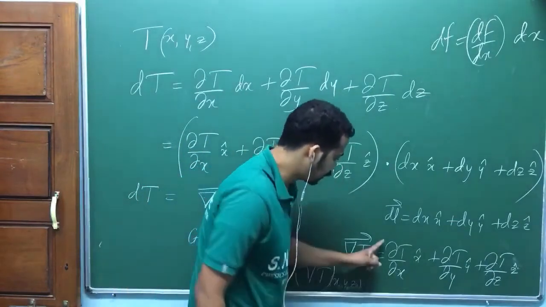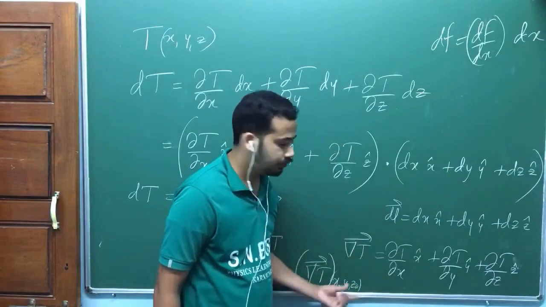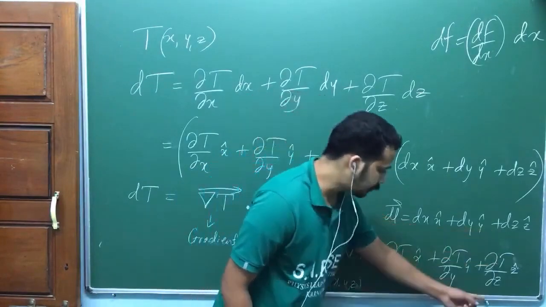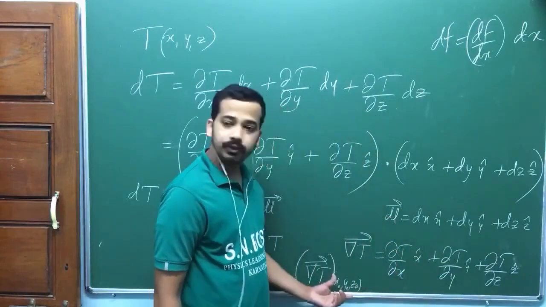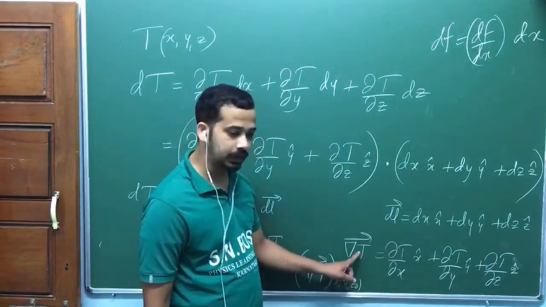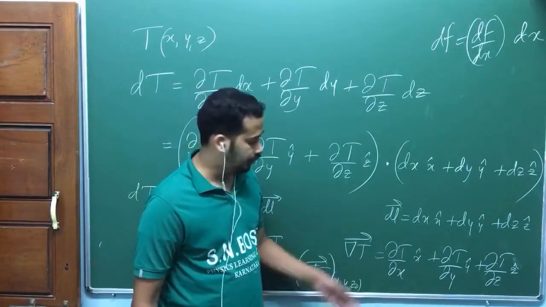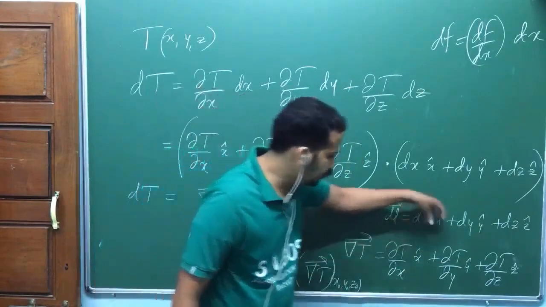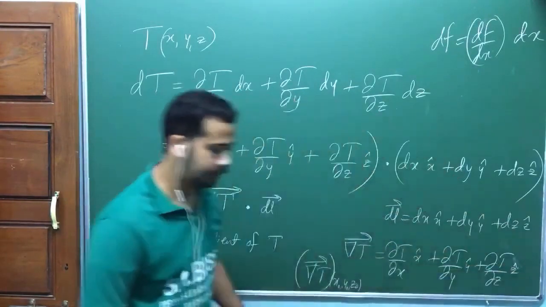That means if you take the x derivative, you put this value, you take the partial derivative with respect to y, you put this value, you take the partial derivative with respect to z, you put this value, what you get is a vector. T is a scalar, but if you take these partial derivatives at some point in space and substitute those values, what you get is a vector, am I right?